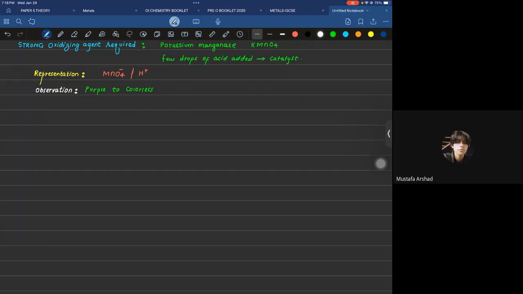Those are the types of oxidation reaction.